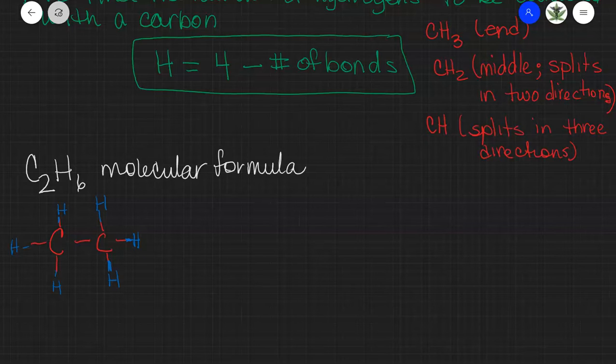So here we have our Lewis structure, which essentially is the same as our dashed formula. With the dashed formula, you see how all the atoms are bound.